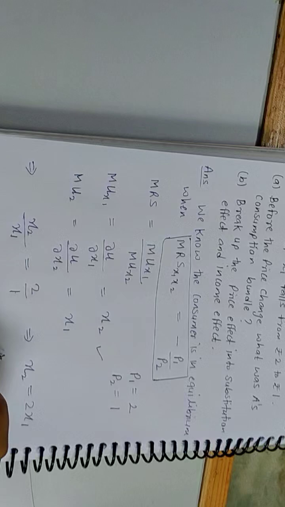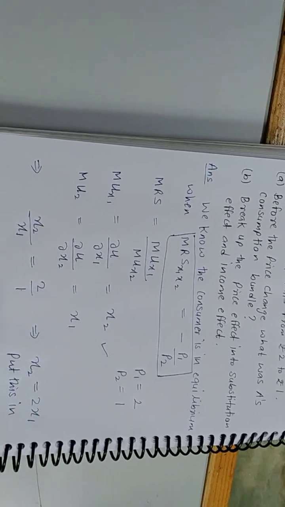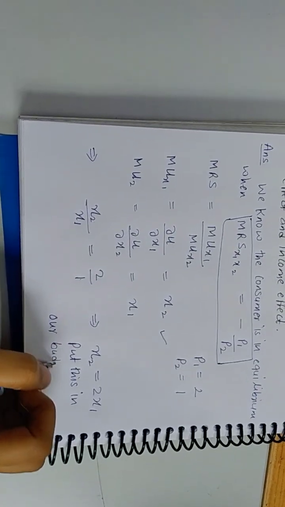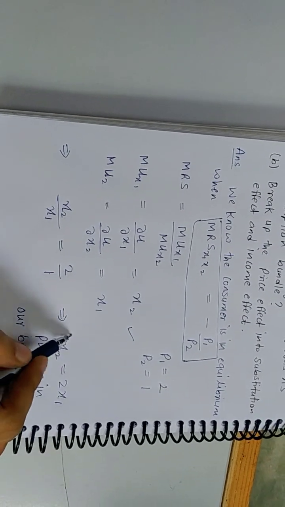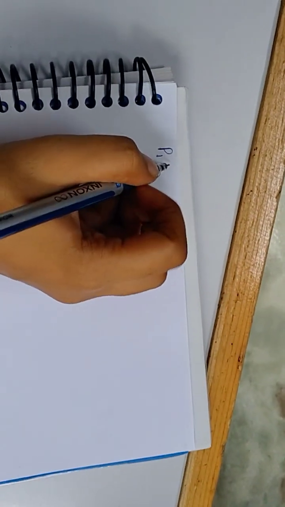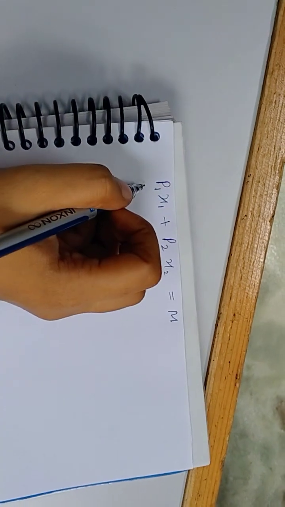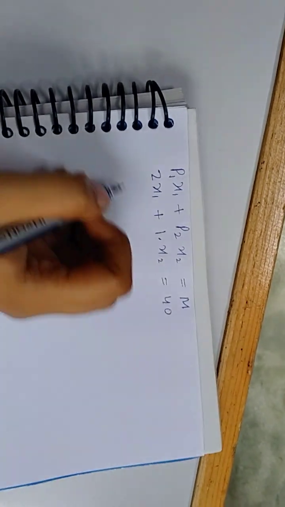Now put this function in our budget line. What would be the budget line? Price of 1 times x1 plus price of 2 times x2 equals our income. We are given the price of good 1 is 2, so 2x1 plus price of 2 which is 1 into x2 will be 40.